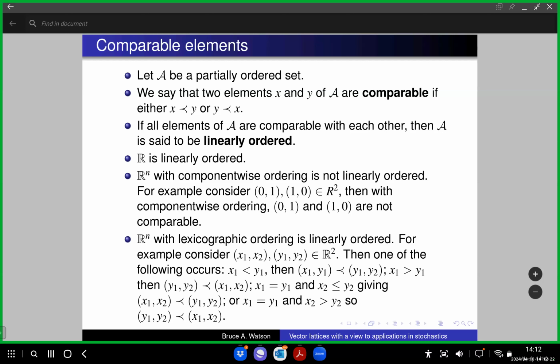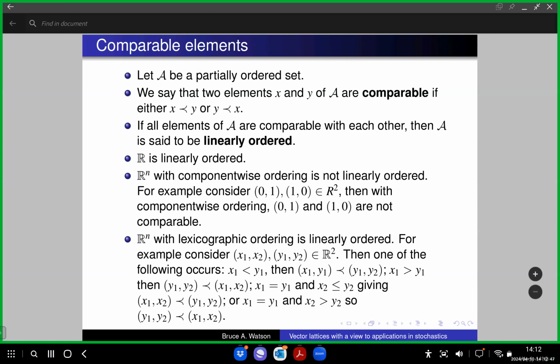So let's try them the other way around. Is (1, 0) a predecessor of (0, 1)? It's not, because 1 is not less than or equal to 0. So the vectors (0, 1) and (1, 0) are not comparable in R2 with component-wise ordering.